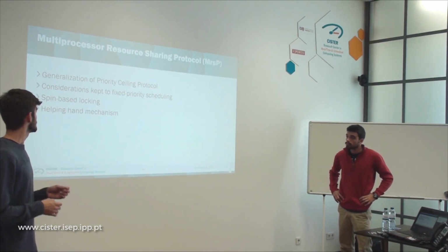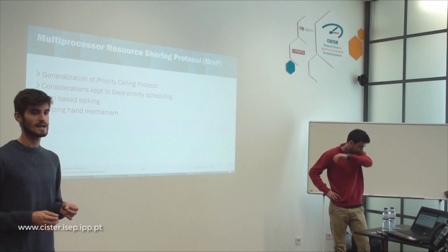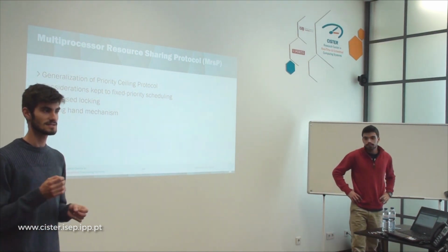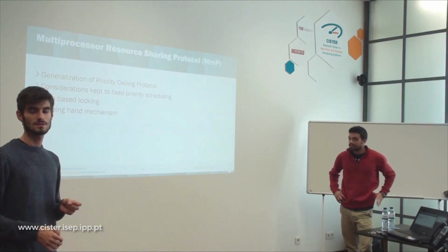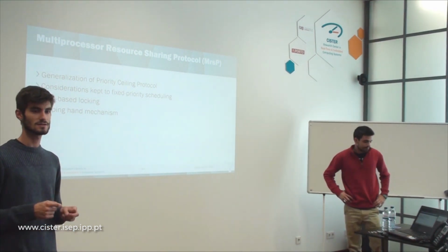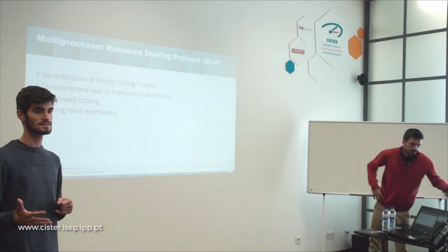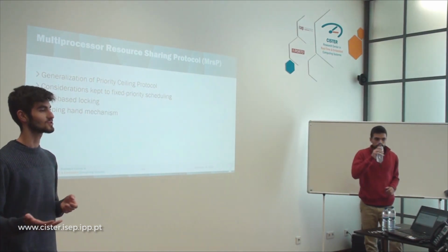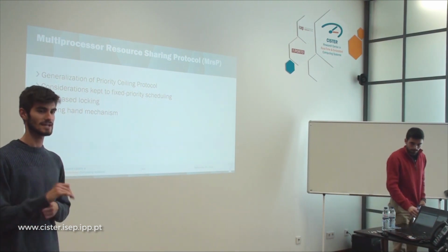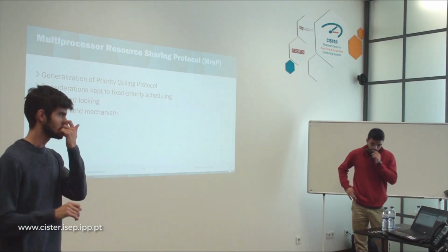The way the tasks wait for access is by a spin-based locking method. The task never yields the use of the processor, and this is the defining characteristic of this protocol.